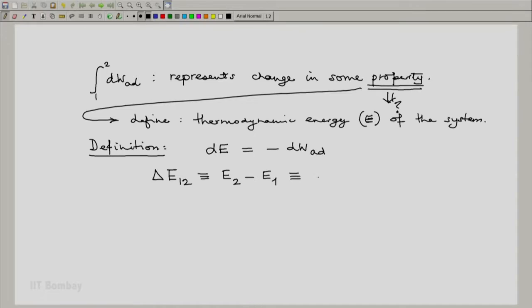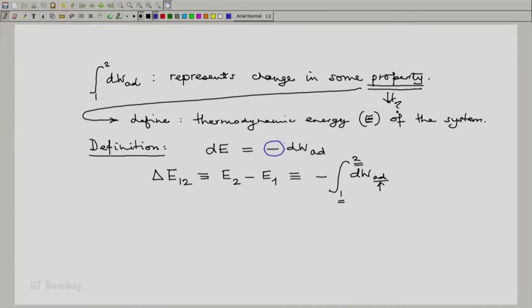This will be defined as minus integral 1 to 2 dW adiabatic. The first law says that since it is adiabatic, we do not have to worry about the path. For evaluating this integral, we execute any convenient process which is adiabatic and which starts from the initial condition 1 and ends at the final condition 2.